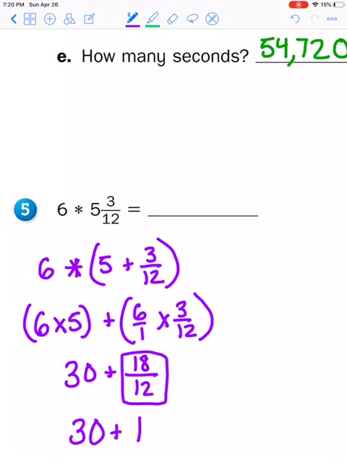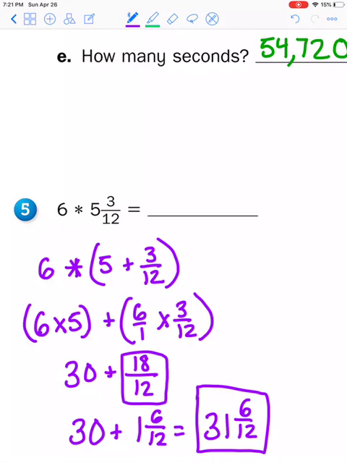And if I did 12 minus 18, I would be left with 1 6/12. So I'd get 31 6/12. Here's my answer. If you also wrote it as 31 1/2, that would be right too.